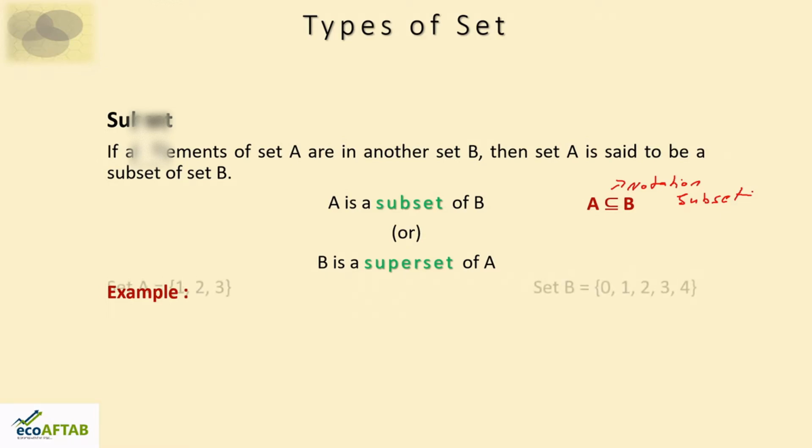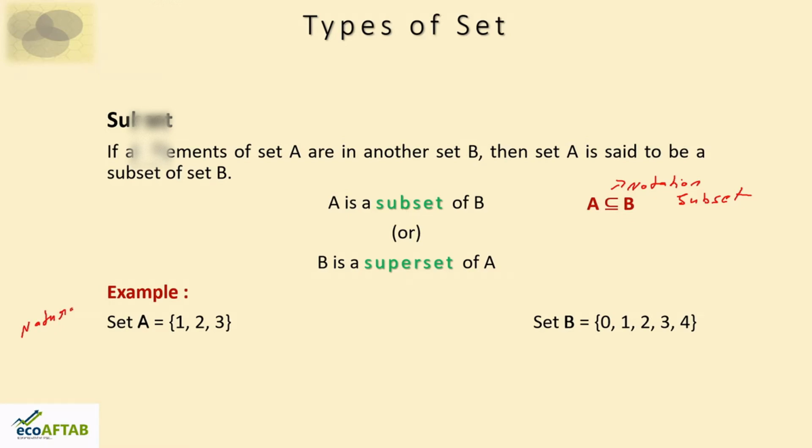Example, I'll take the example here. Set A is all the natural numbers. You have studied this in the number system. Set A is natural numbers, and set B is whole numbers. Friends, if you want to know what natural numbers and whole numbers are, check the iCard here on the number system.